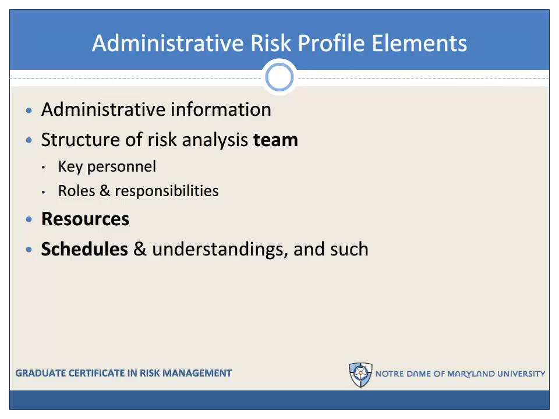When establishing the risk context for the problem that you're dealing with, there's going to be some administrative information that will always be important. This would include the team, resources, and schedules. You may have to think about the structure of the risk analysis team. Who are the people who are going to participate in this particular risk profile and risk assessment activity?